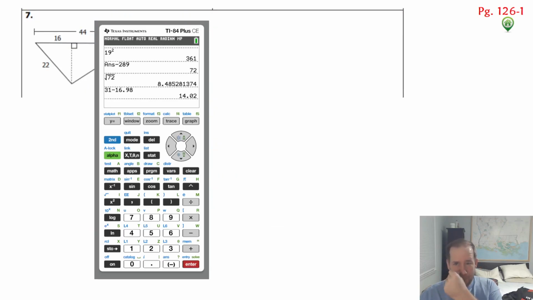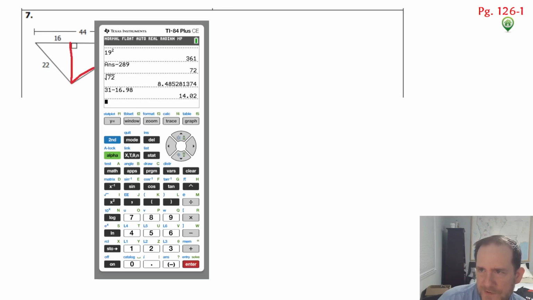So for number 7, looking at this, I do see another right triangle. We're trying to solve for x, and so x is the hypotenuse of this red right triangle. But I don't have all the dimensions I need.